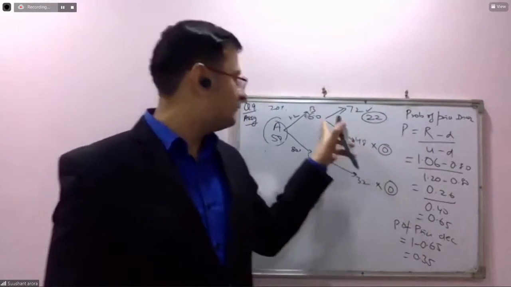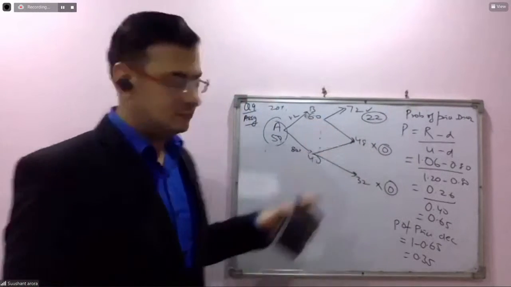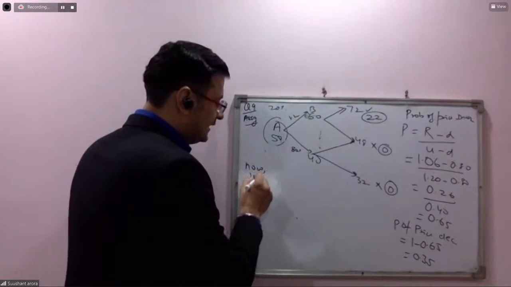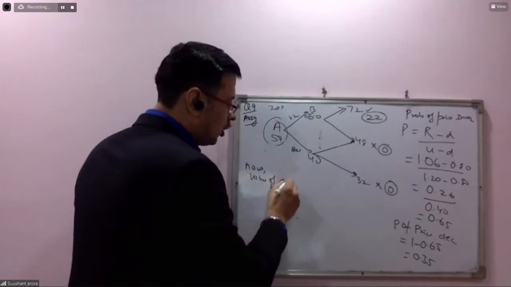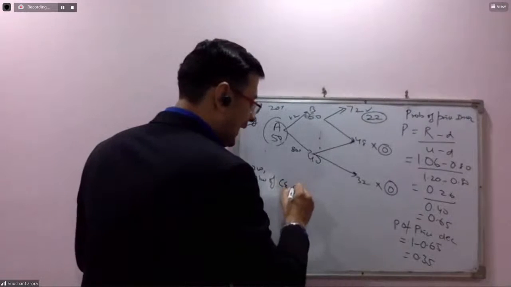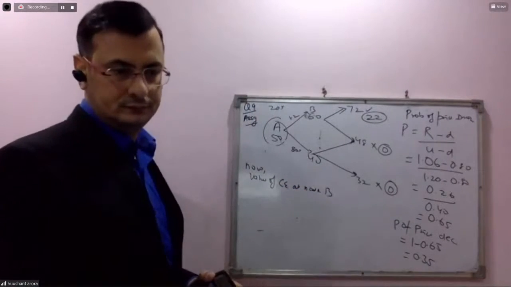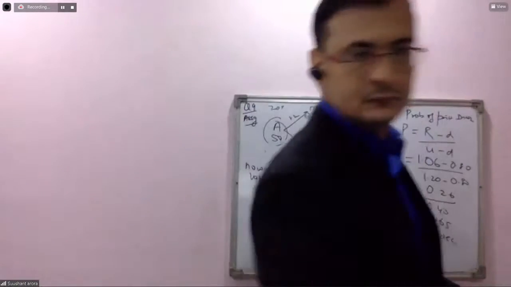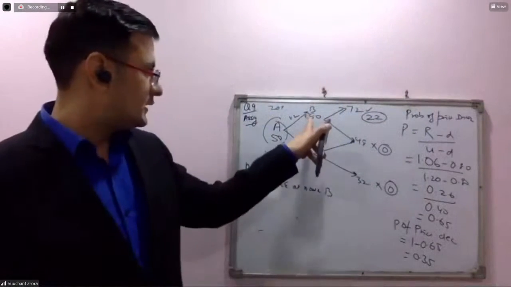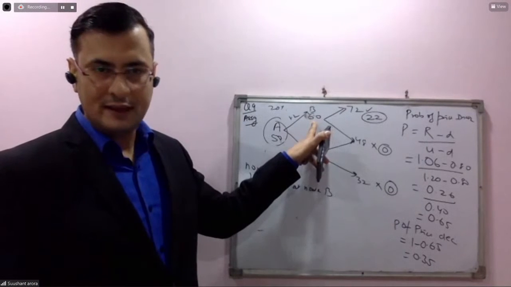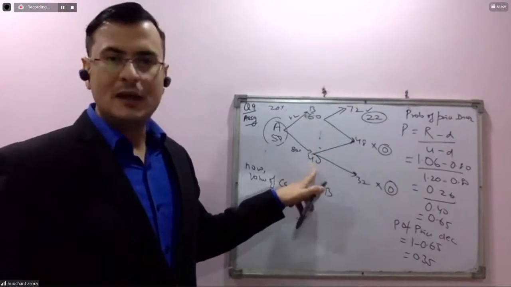Now you have to calculate the value of the option at point B. Value of call option at node B. This point. What will be the value at this point?